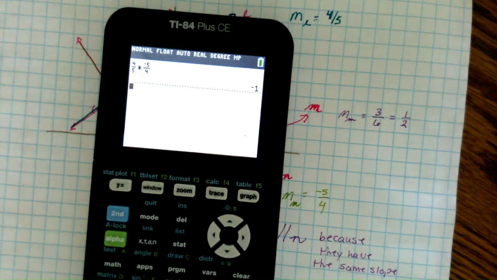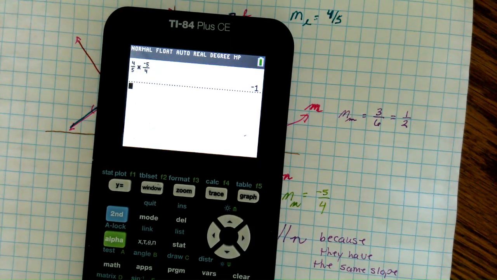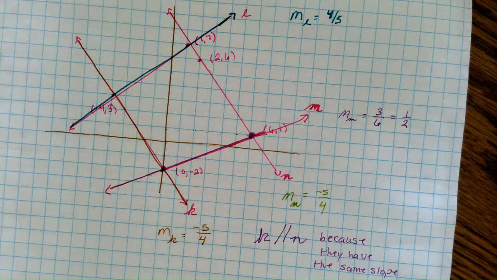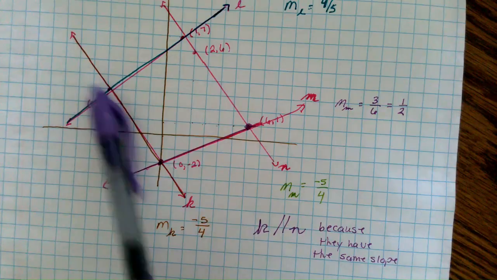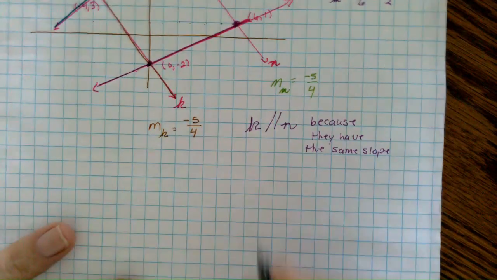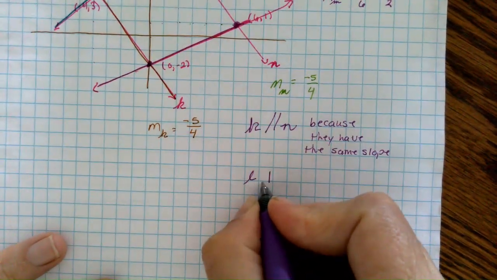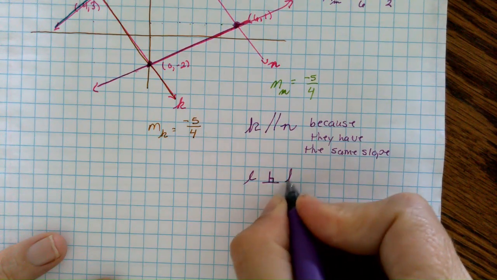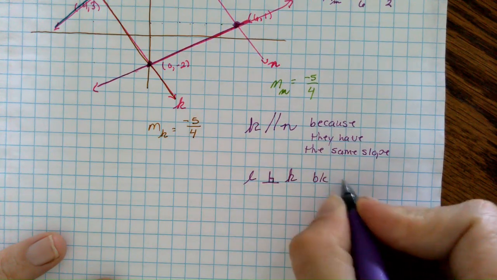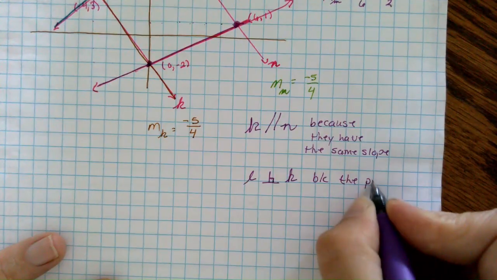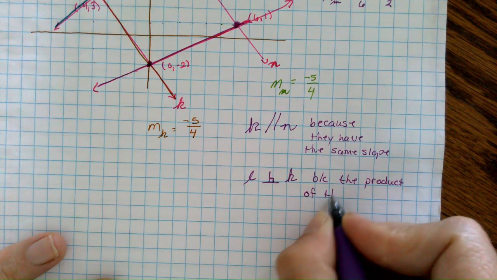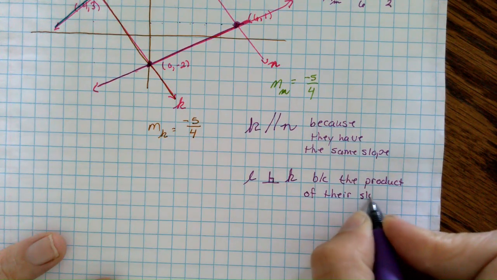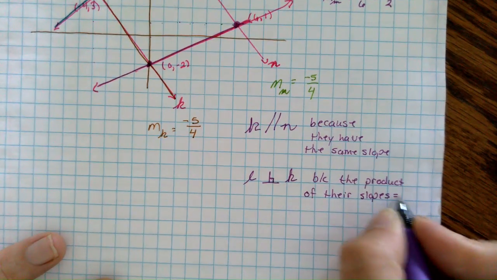So that's two ways you can check, is that one's upside down, one's right side up, right? Okay, so line L is perpendicular to line K. L is perpendicular to K because the product of their slopes equals -1.